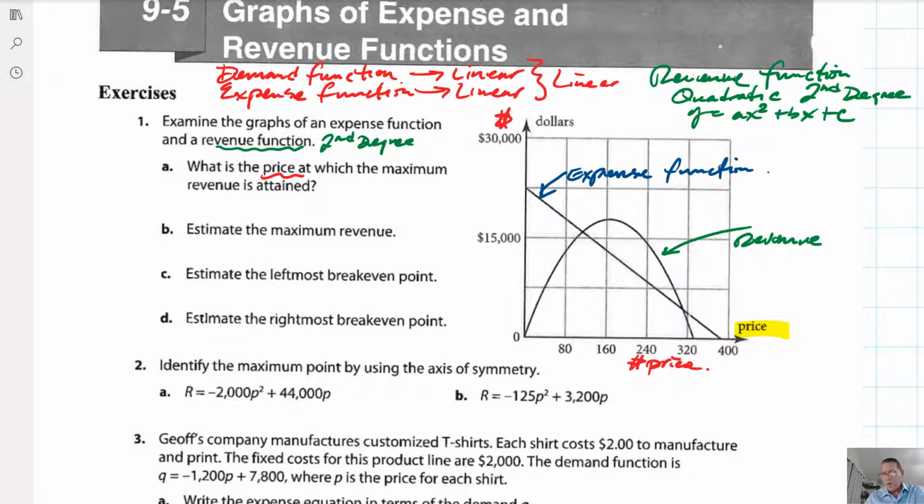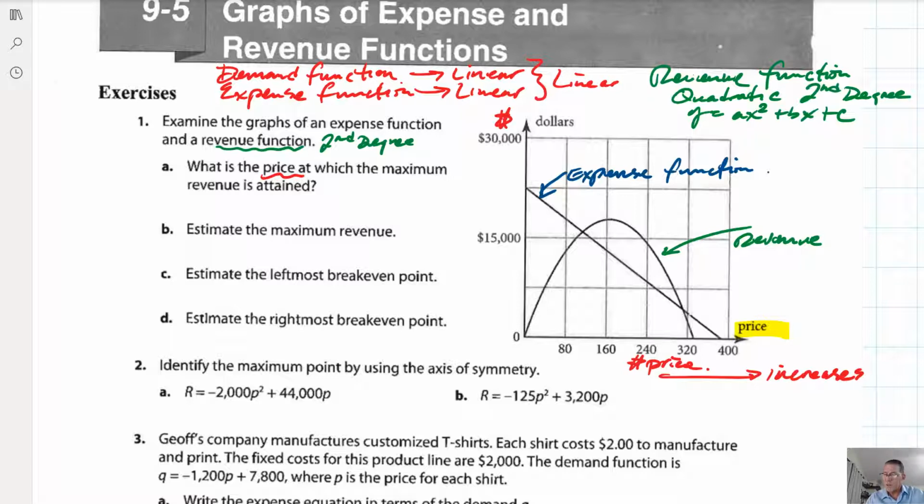No matter what object you're talking about, whatever's being produced and sold, as the price increases, and let's take a look at the function here, going from left to right, the revenue coming into the company is going to increase. So as they increase the price, they're going to get more income.